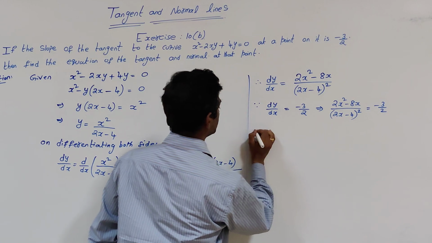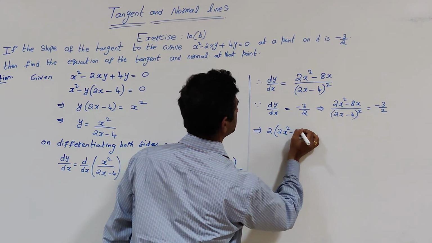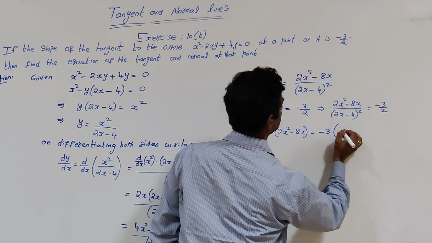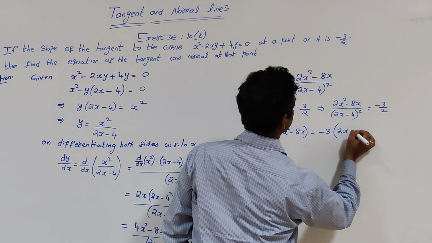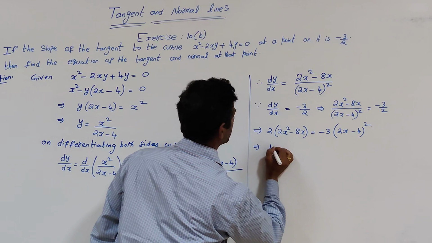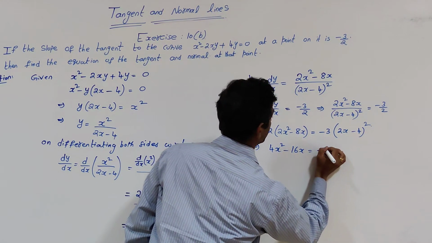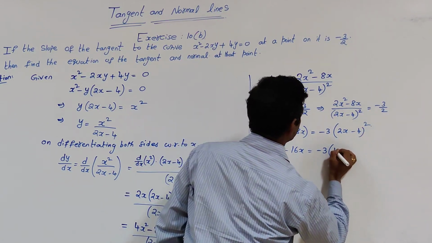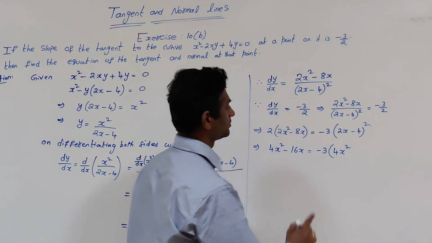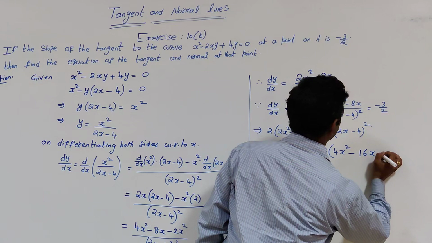Now take the cross product. 2 times of 2x square minus 8x is equal to minus 3 times of 2x minus 4 whole square. So 4x square minus 16x is equal to minus 3 times of the expansion, which is 4x square minus 16x plus 16.